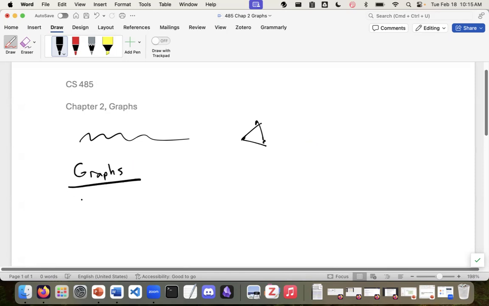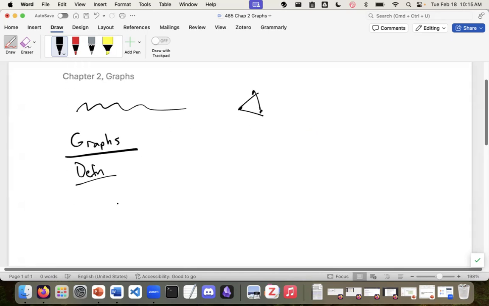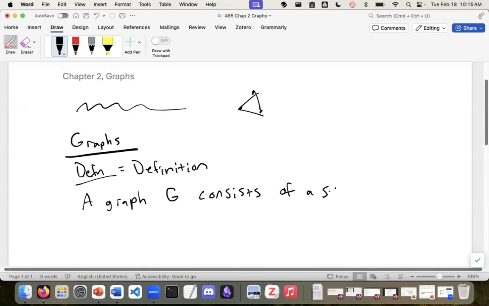They've got a definition, where we say that a graph G consists of a set of vertices and a set of edges.